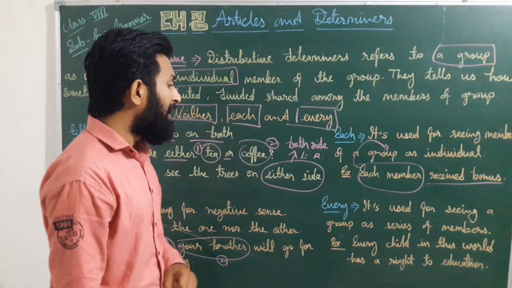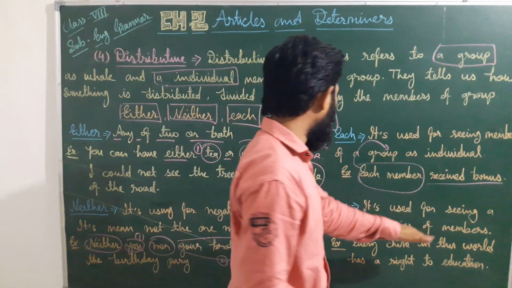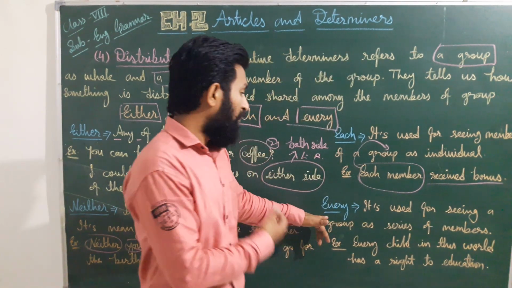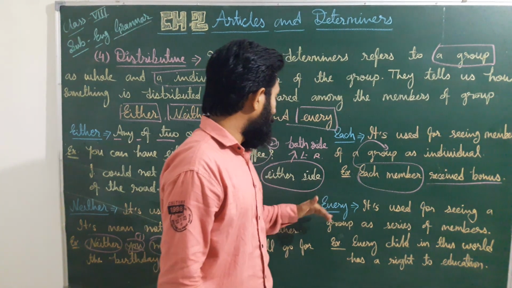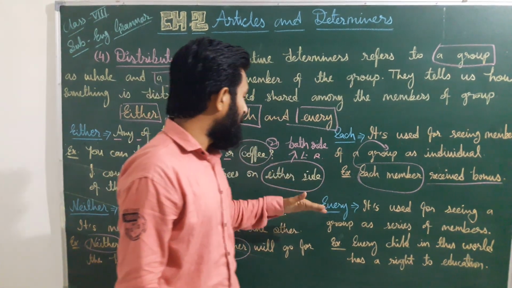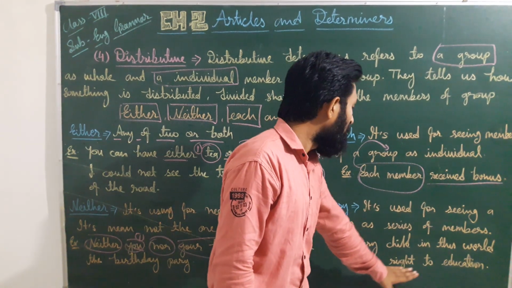Every. It is used for seeing a group as a series of members. In this case the group is seen as a series, like every child in the world has a right to education.